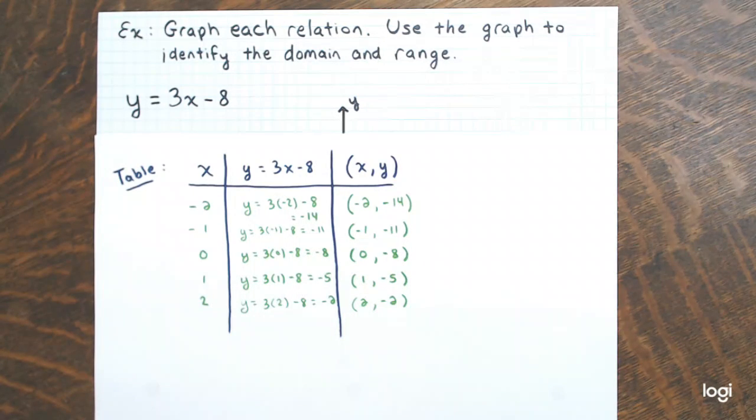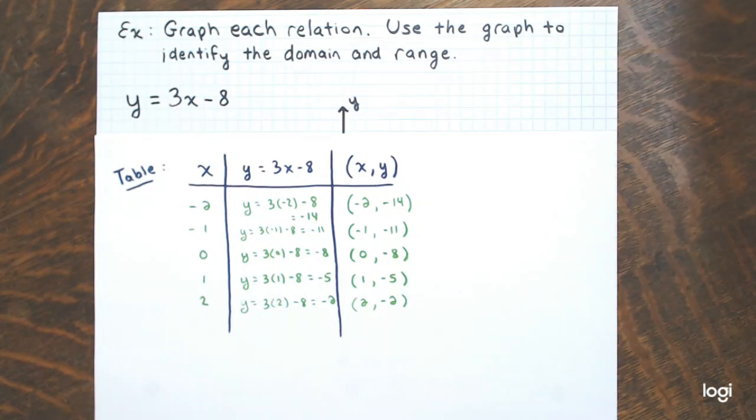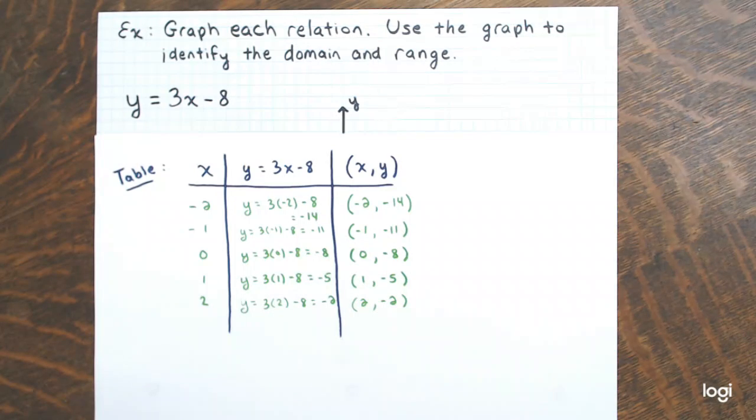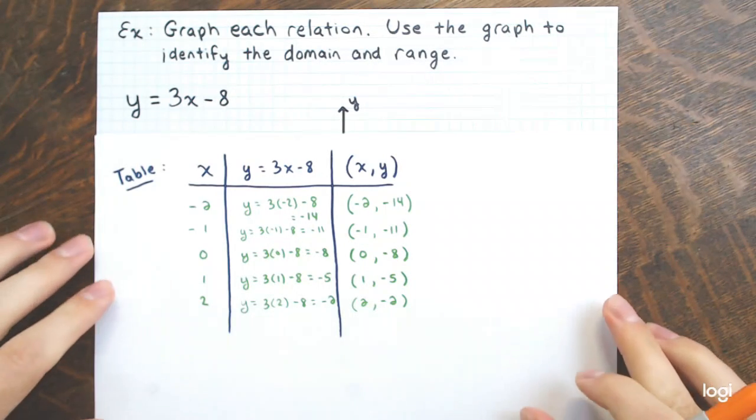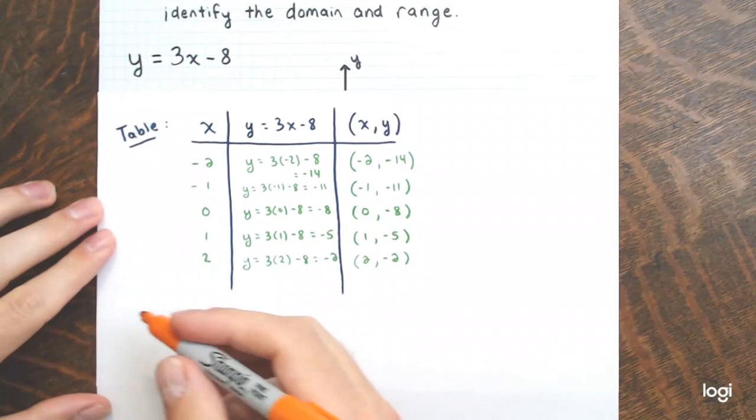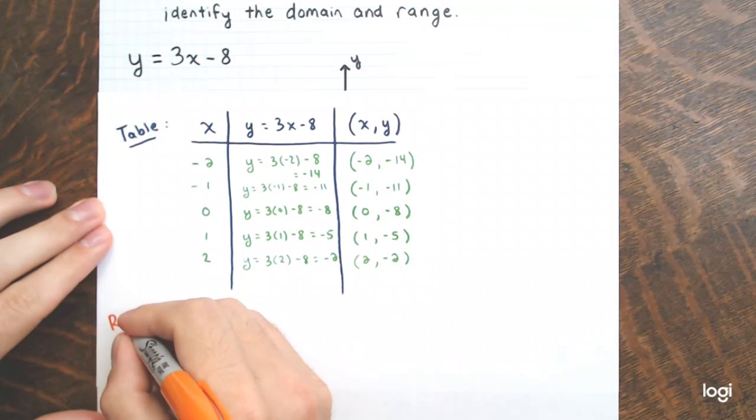So as I mentioned in a previous video on relations, there are 4 major representations of a relation. I'll write those again here.